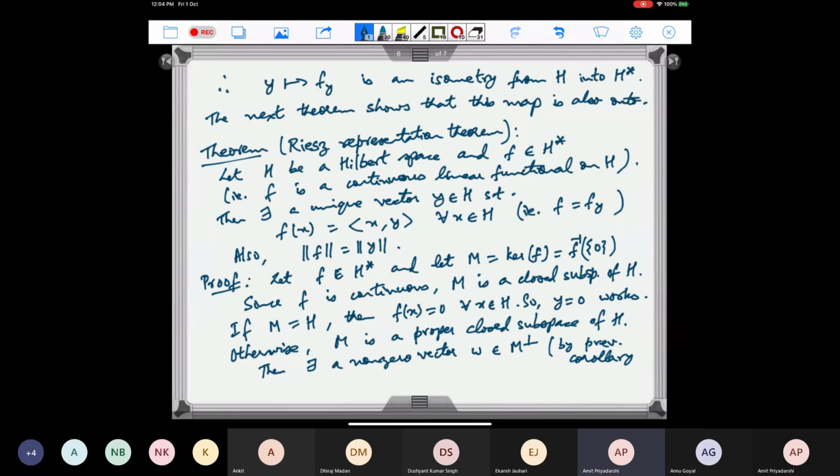Now the question is, is this a linear map? So can we say that H is actually isomorphic to H star? Can you see quickly whether this map y going to f sub y is linear or not?